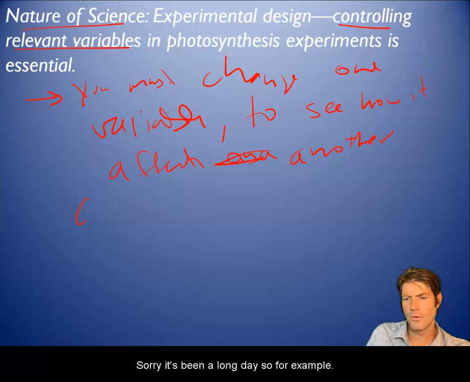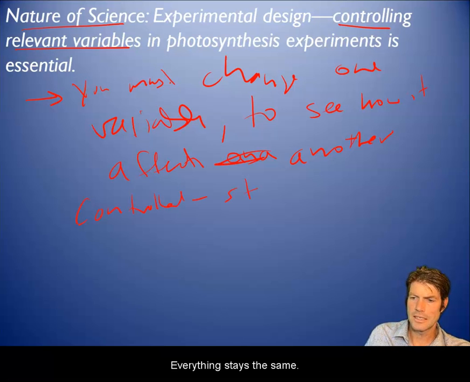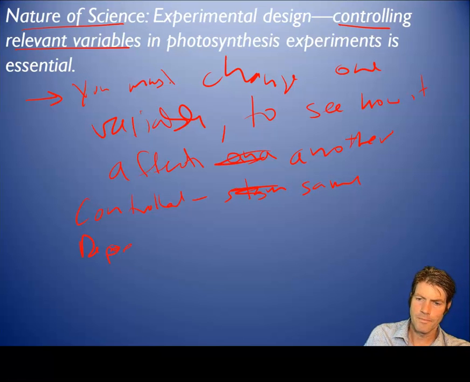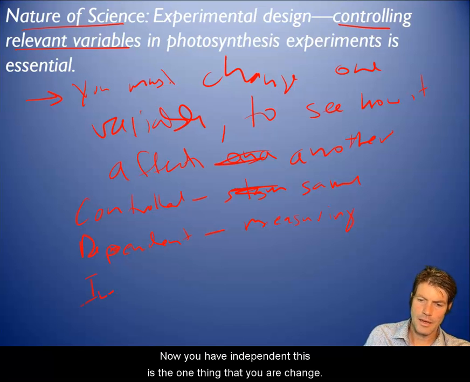So for example, we have controlled variables: everything stays the same. You have dependent variables, that's what you are measuring. And then you have the independent variable. This is the one thing that you, the researcher, are changing.